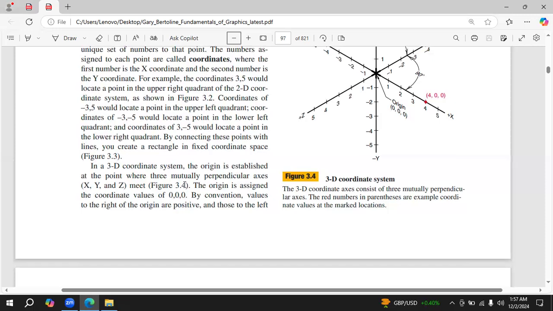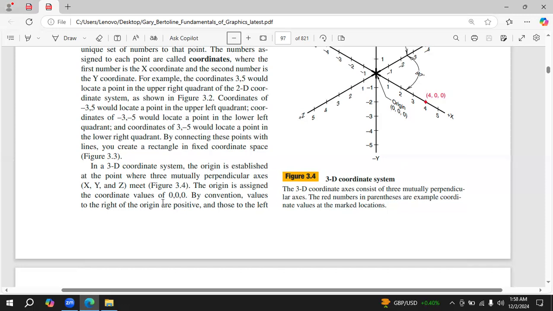So in a 3D coordinate system, the origin is established at a point where three mutually perpendicular axes meet. The origin is assigned the coordinate values of 0, 0, and 0. The third 0 is introduced over here.